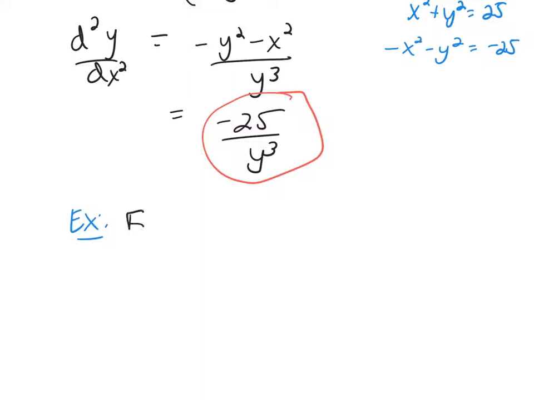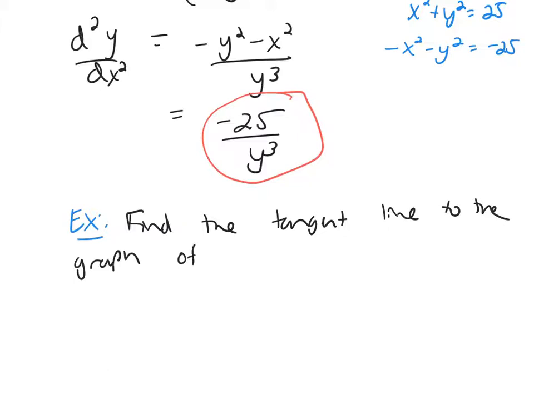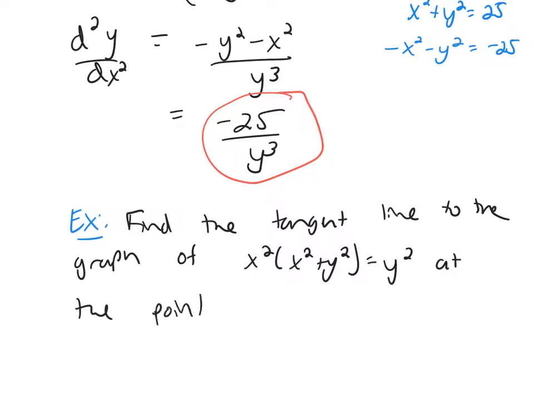So I want us to find the tangent line to the graph of x squared times (x squared plus y squared) equals y squared at the point square root of 2 over 2, square root of 2 over 2.